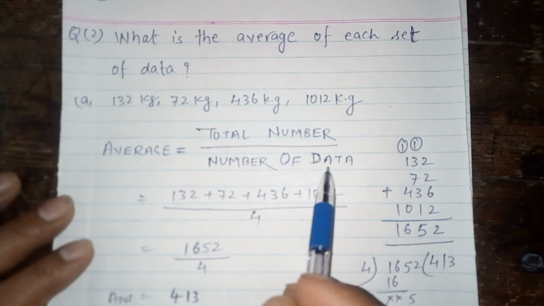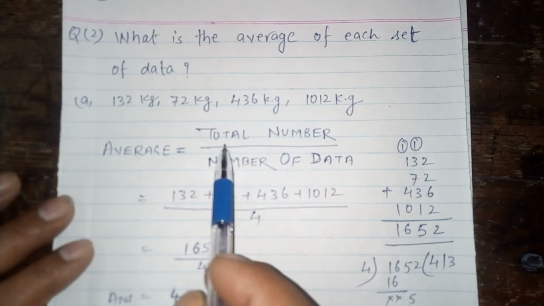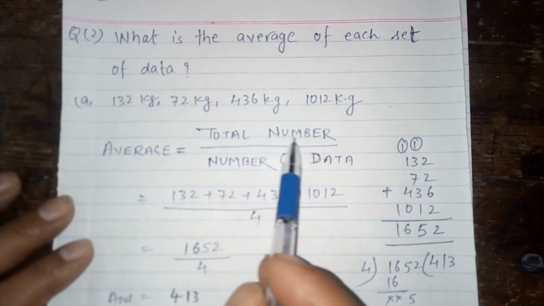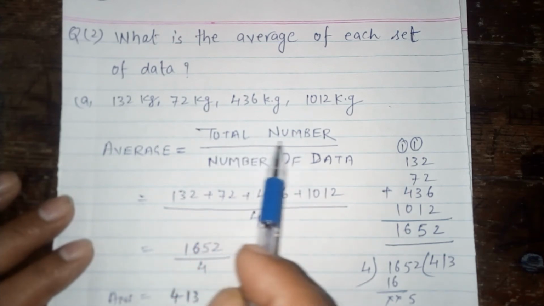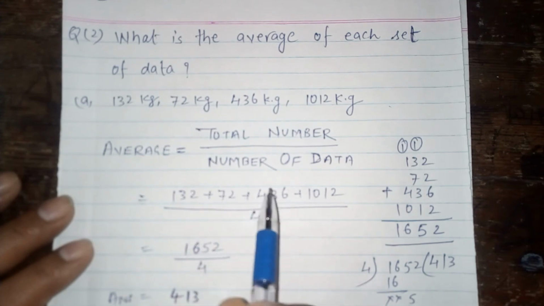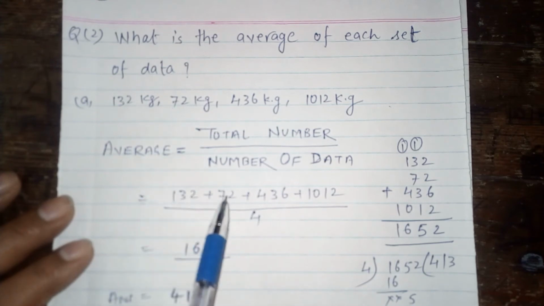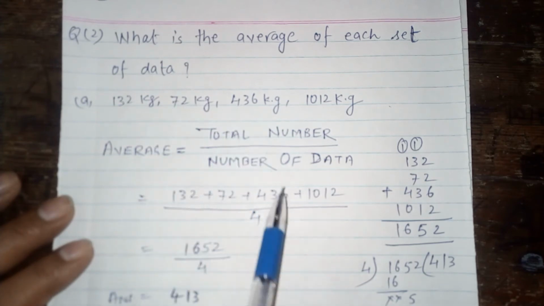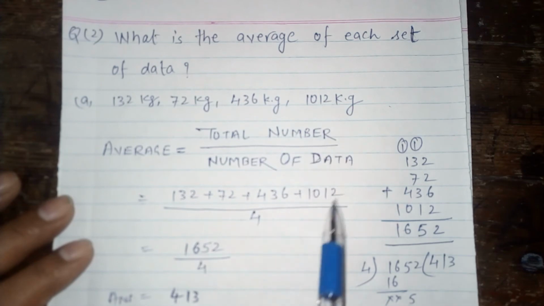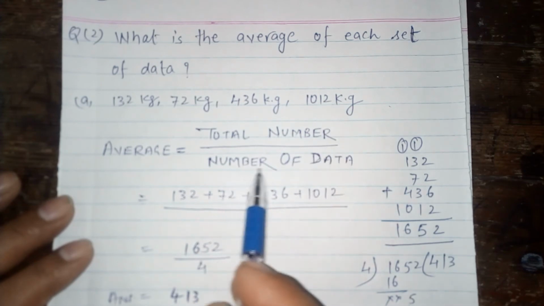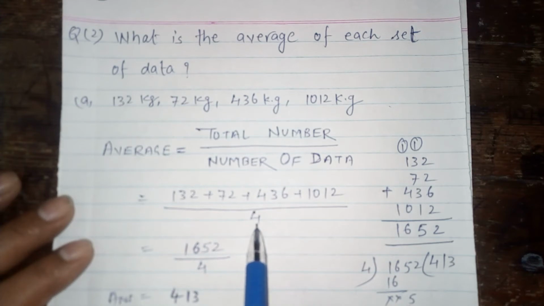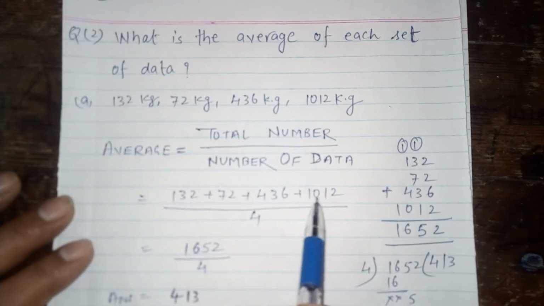Okay, so total number means the sum of all these four numbers. Look here: 132 plus 72 plus 436 plus 1012. How many numbers are there? There are four numbers. So now let us discuss the sum of all these four numbers.